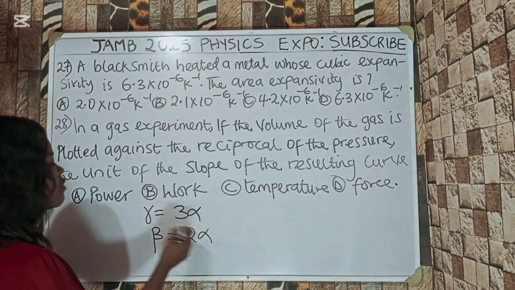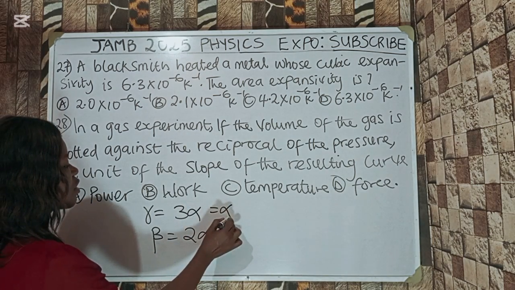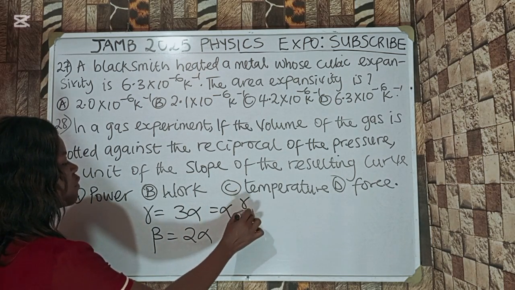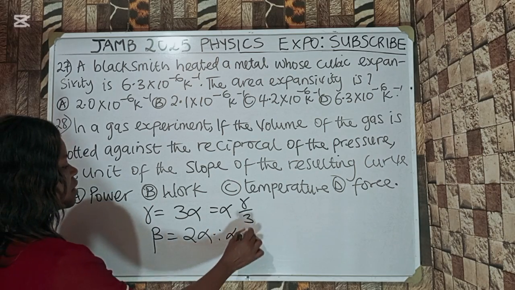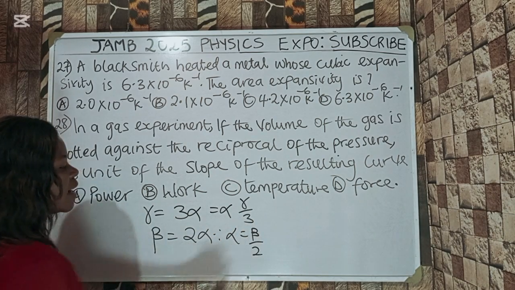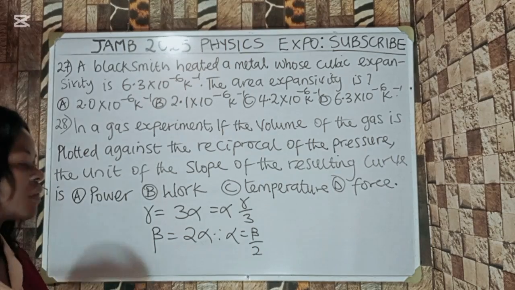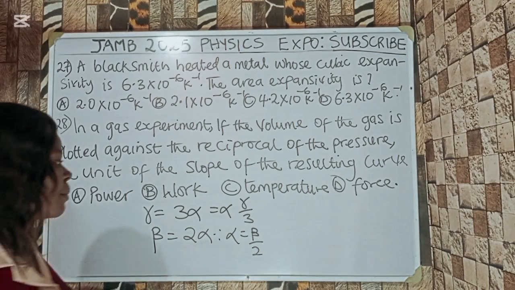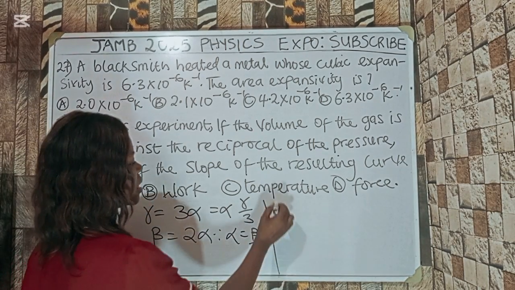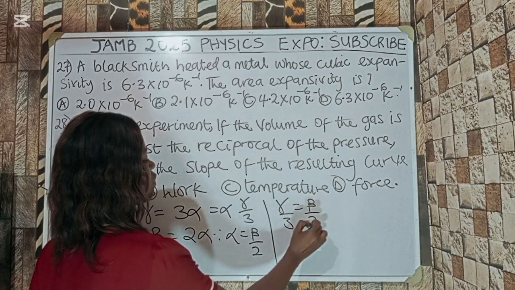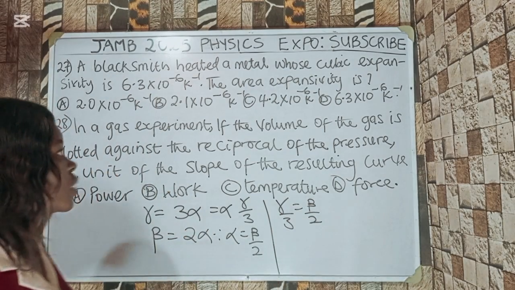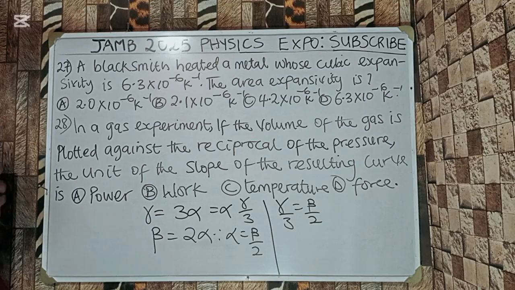We can say that if you make alpha the subject, alpha becomes gamma over 3, while here alpha becomes beta over 2, right? So if you equate both of them, you see the relationship connecting them: gamma over 3 is equal to beta over 2.